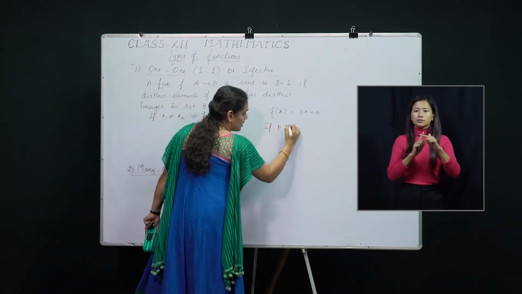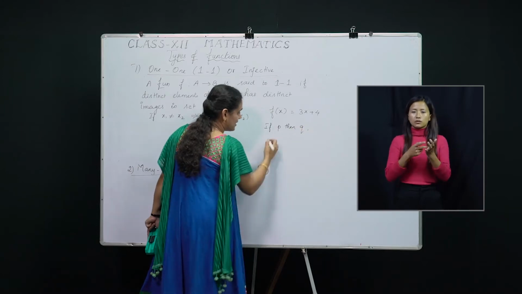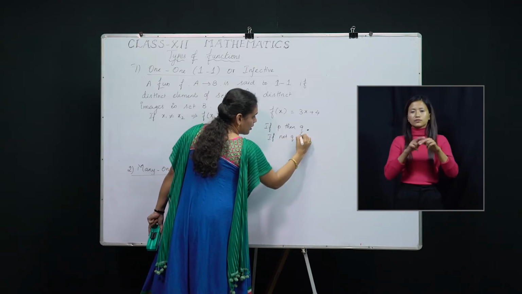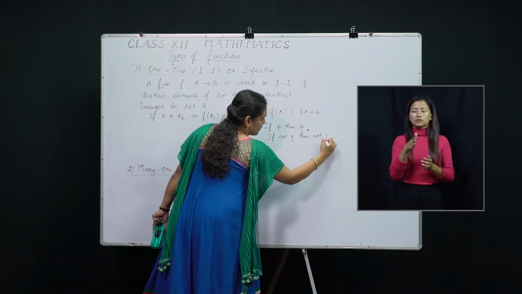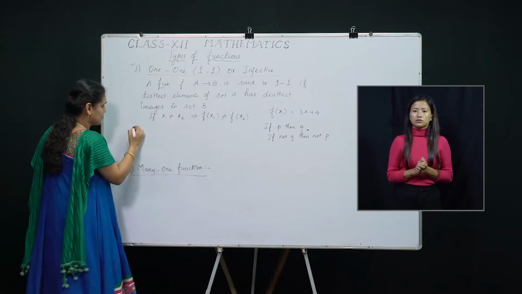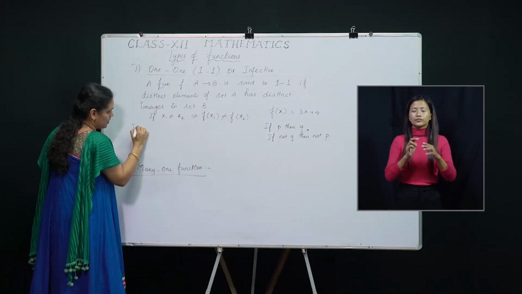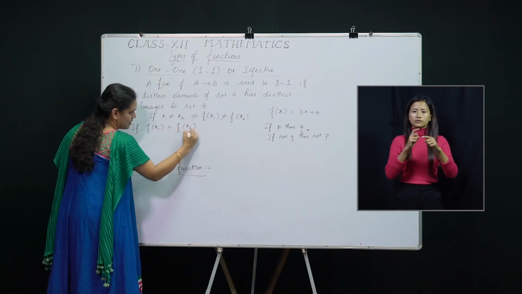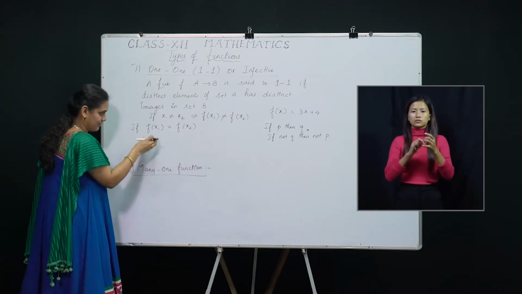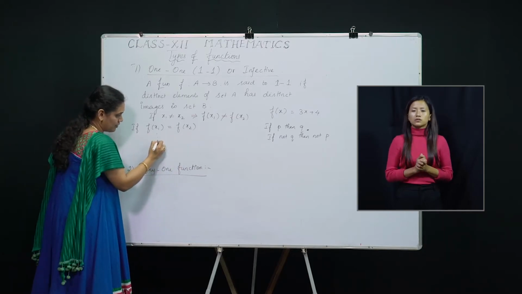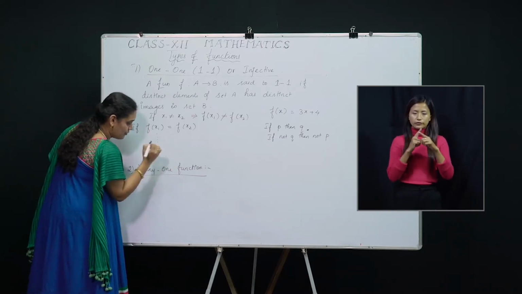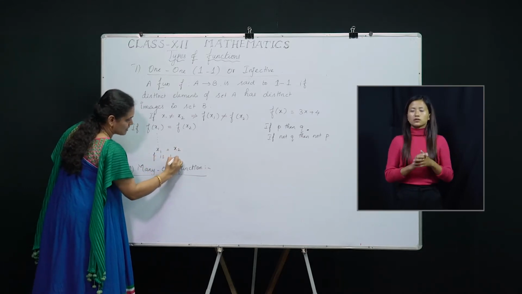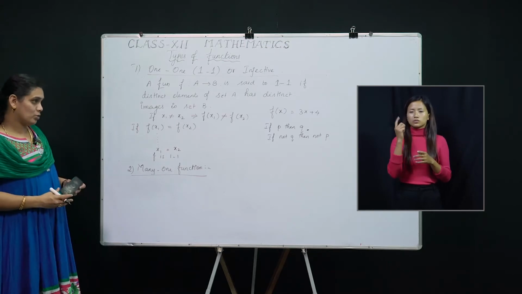If P then Q: we prove it as if not Q then not P. So we take f(x1) = f(x2), and if we simplify and finally get x1 = x2, then f is 1 to 1.